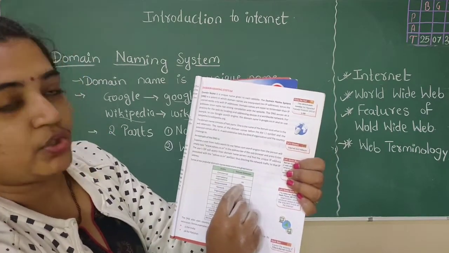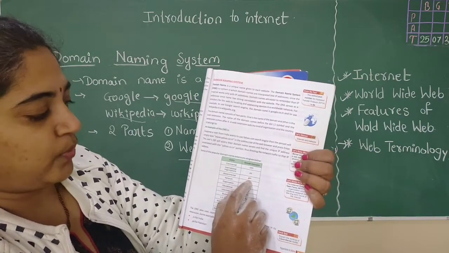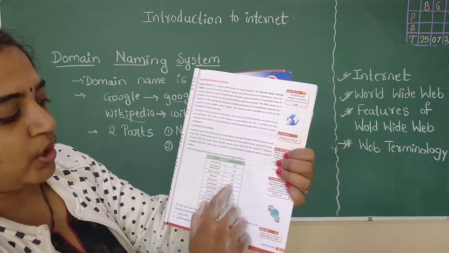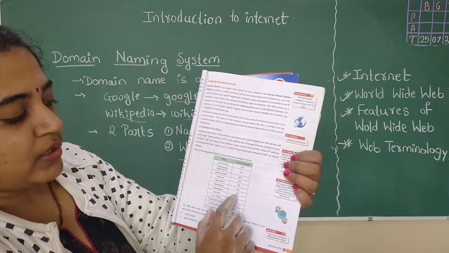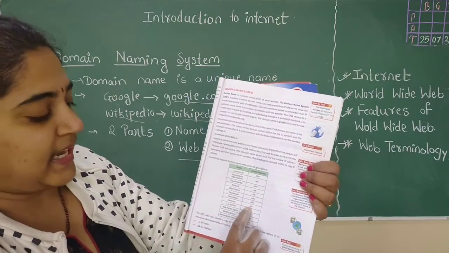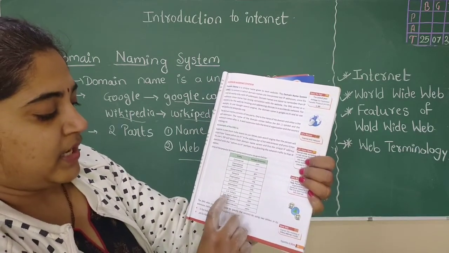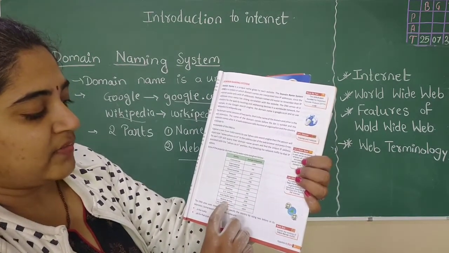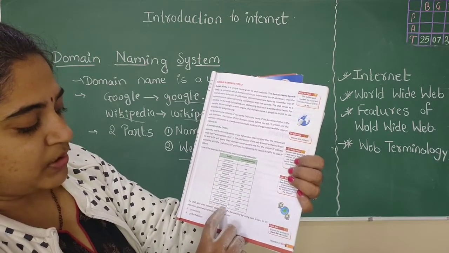International organization .int, governmental .gov, network .net, organization .org, educational .edu, information .info, and for business purposes .biz extension they will use. For US military .mil, Asia Pacific region .asia, mobile devices .mobi, and the next one is for air transport industries, that is .aero.